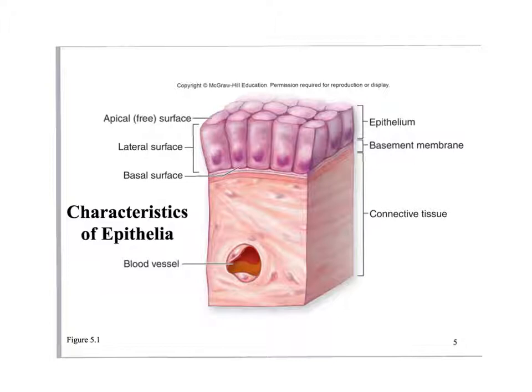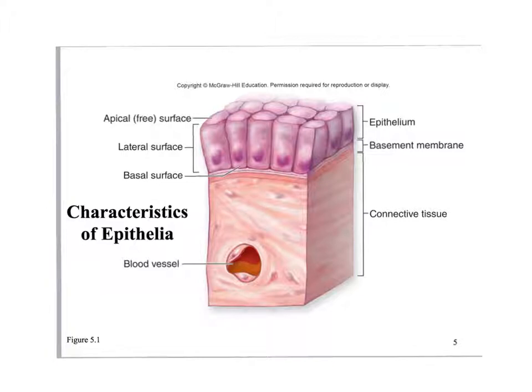In this case, here's your apical surface, and here's the basement membrane. We have one layer of rectangular cells separating those two areas. So it's a simple columnar epithelium.